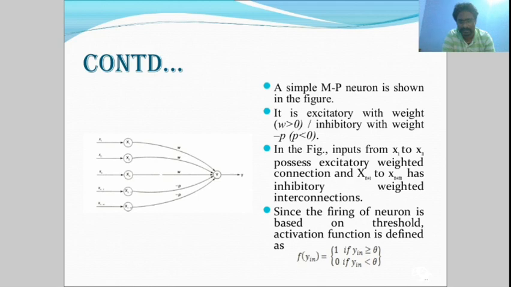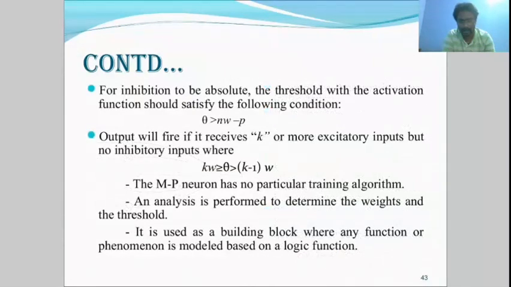So this is about the McCulloch-Pitts neuron. And here the values for the excitatory and inhibitory weights have been specified. The threshold with the activation function must satisfy, for inhibition, theta greater than nw minus p, and then the output will fire.